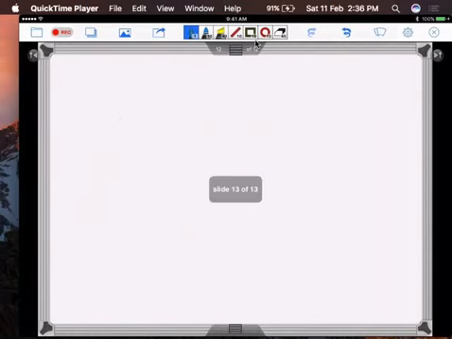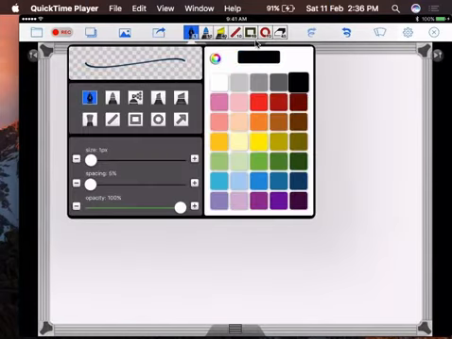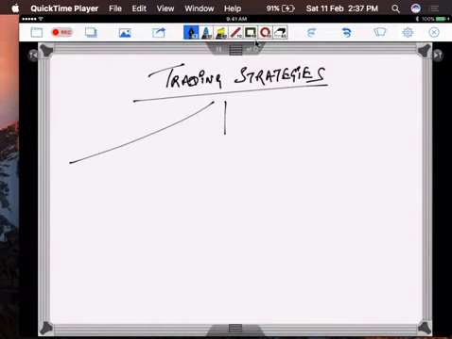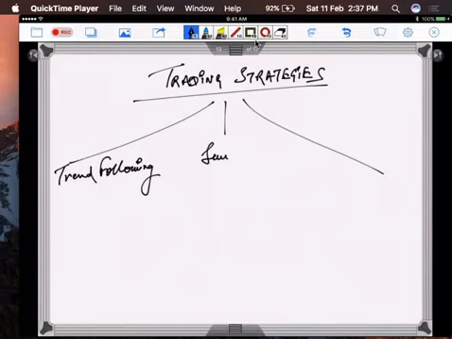Now, trading strategies can essentially be of 3 types: trend following, swing, and contrarian.